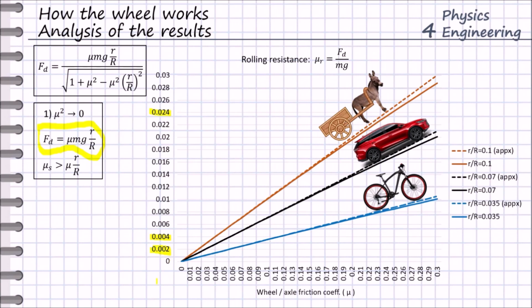I think this is the worst case condition. So this means that the efficiency of the rolling mechanism of the wheel on the bicycle is the maximum compared to the vehicle or any other vehicles or wagons or whatever.